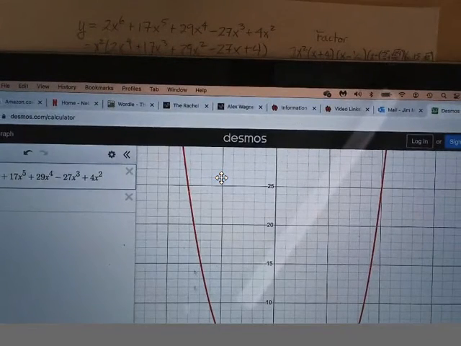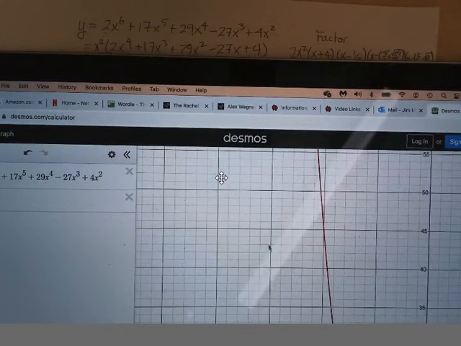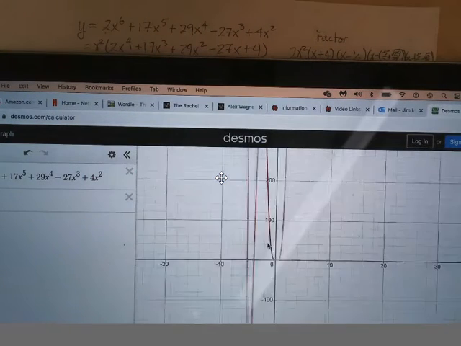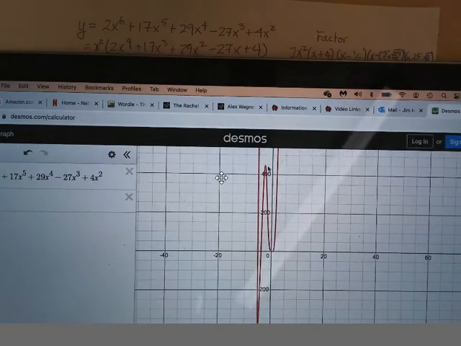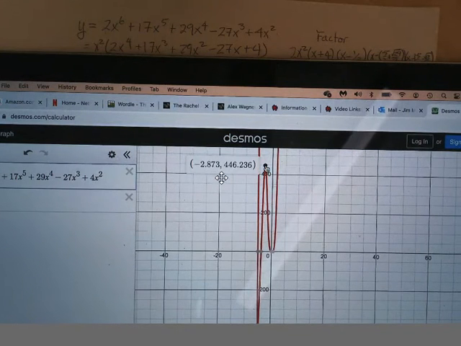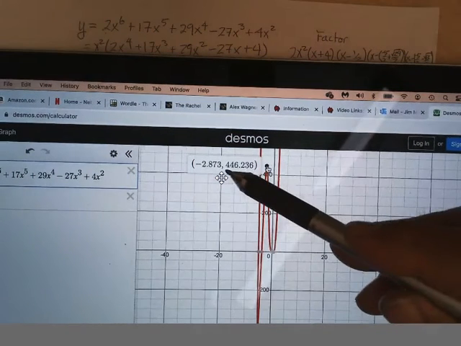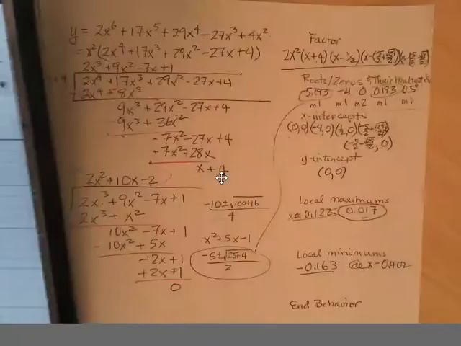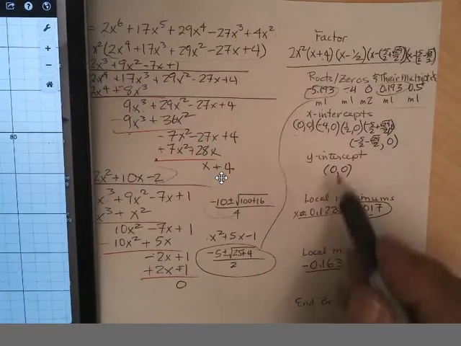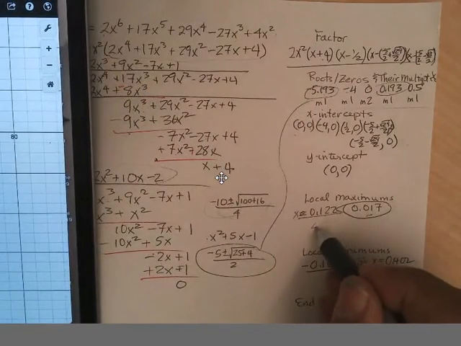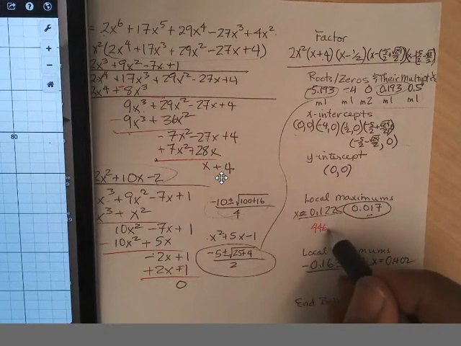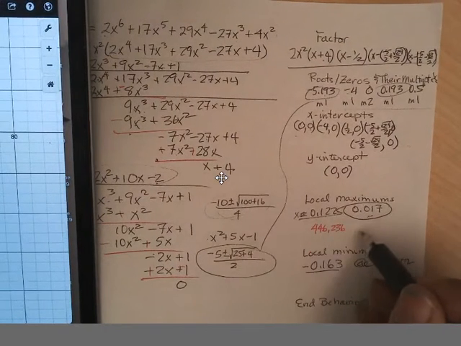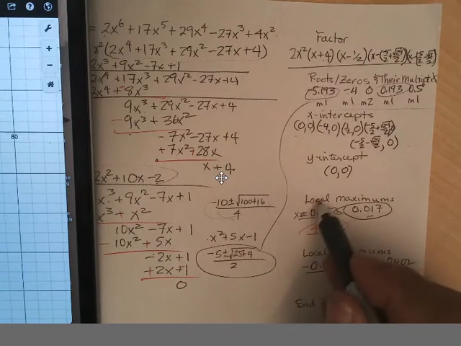Okay, so this one up here, and so we need to go up there, and I'm going to squeeze this down. We're going to go up to there, and we find a local max of 446.236, and that's what I wanted when I want the local max.